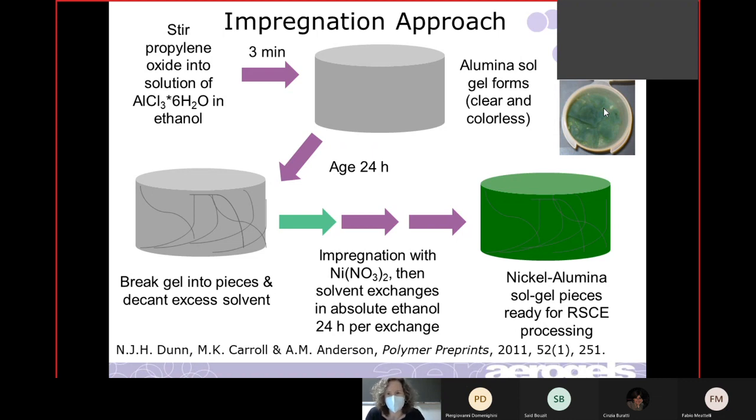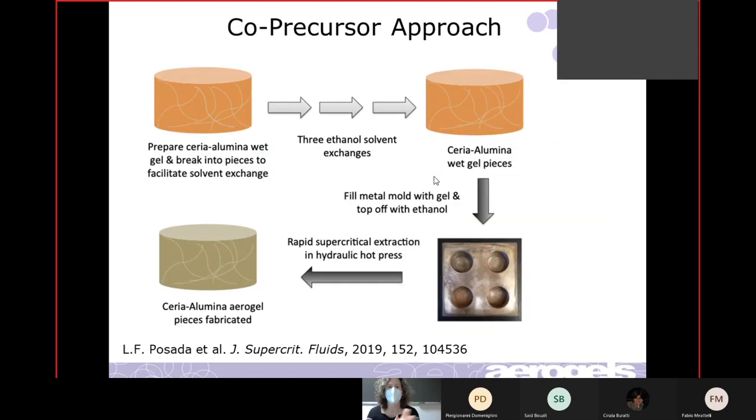We can also take a different approach, and that is, instead of starting with one salt and making a gel, we start with a mixture of salts. So in this case, we started with an aluminum salt and a cerium salt, and we dissolved them together in the solvent. We typically use ethanol, and added propylene oxide.